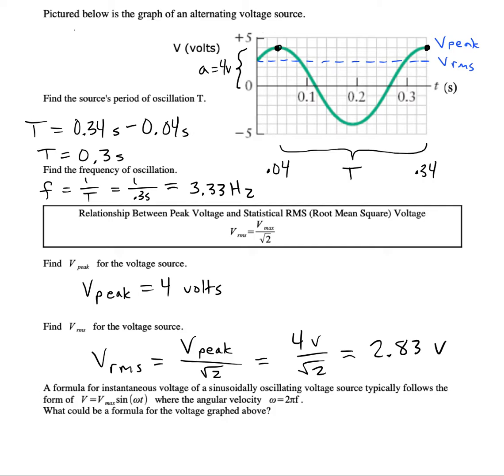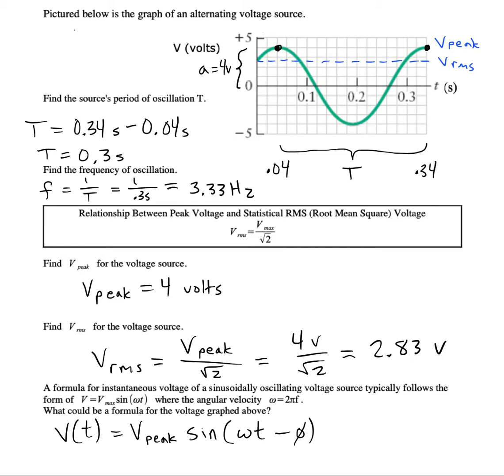Next, we'd like to come up with a formula for this graph shown. And we're going to need several things. Our voltage as a function of time is going to be V peak times sine of omega t, and in this case we do have a phase shift.